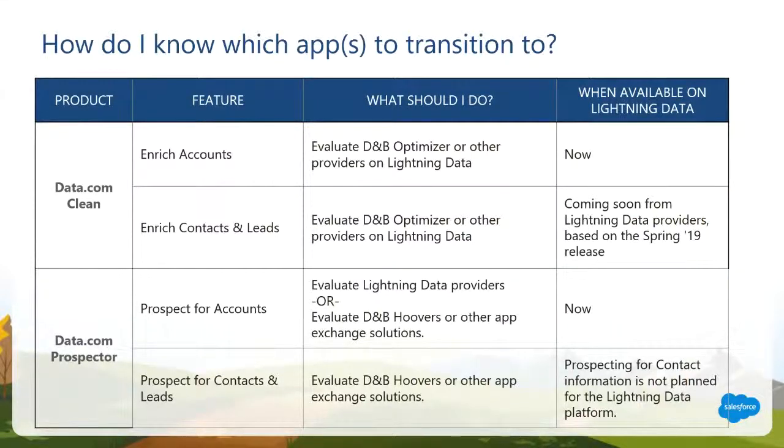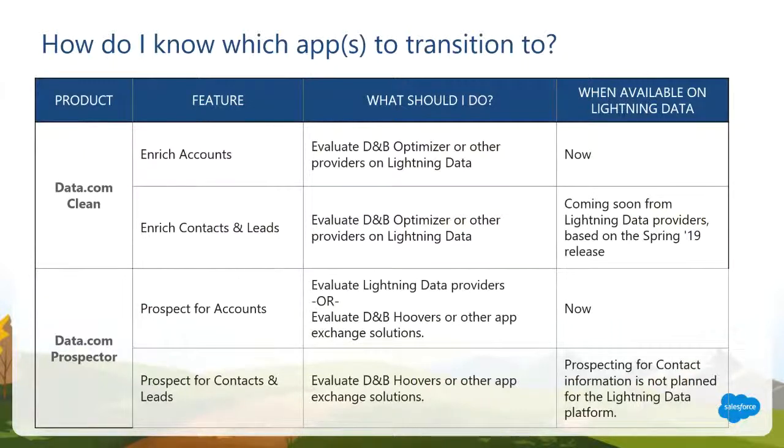And of course, like I said, the whole reason we built the platform, though, was to give you opportunities to look around. Maybe there's other data sets that you want to transition to. Maybe there's additional ones. And so just go to the Lightning Data section of the App Exchange. You could ask each of the Lightning Data partners for a data assessment, which we have built natively into the Lightning Data platform, where you can inspect your match rate and what attributes each provider provides.